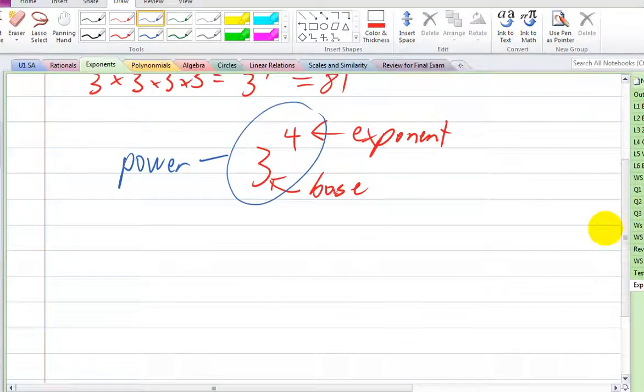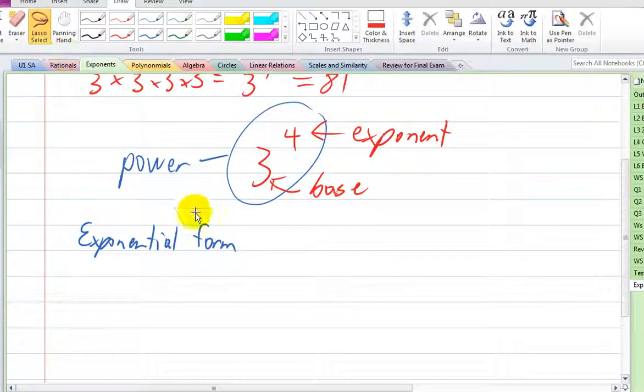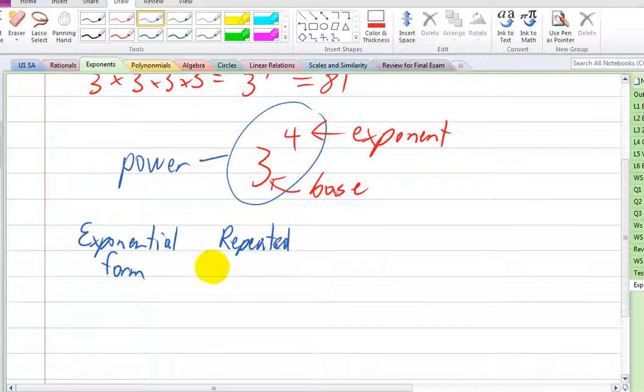So, what we have here is exponential form. Let me put the form down below, just to save some space. Okay? And then we have repeated multiplication. And sometimes you'll hear people say, oh, that's expanded form.